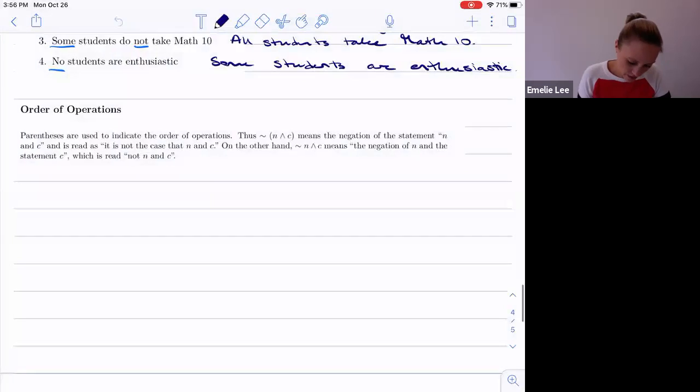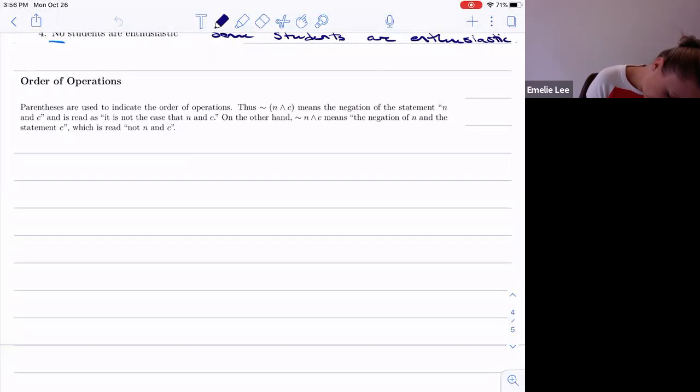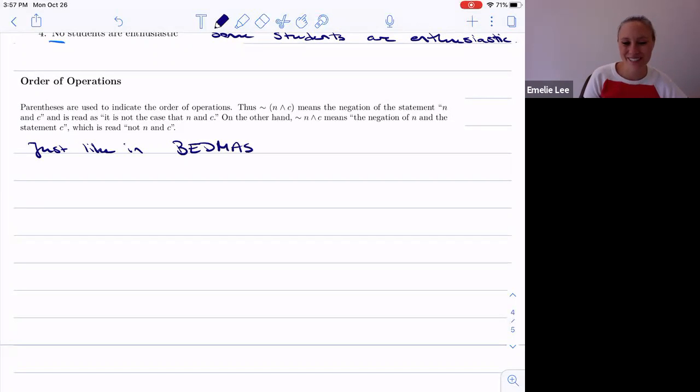Actually, I want to make a little note here. Hopefully you guys remember BEDMAS: brackets, exponents, division, multiplication, addition, subtraction, right? It tells us the order of operations for algebra.